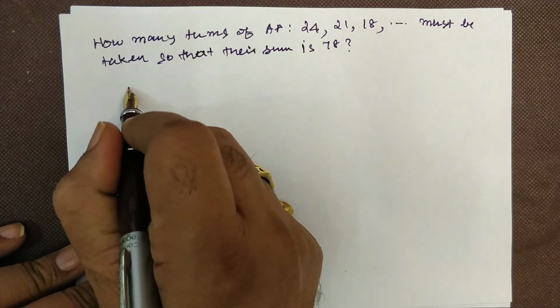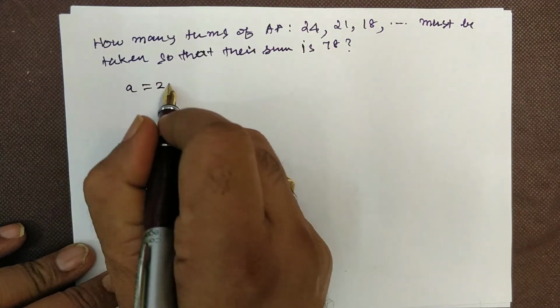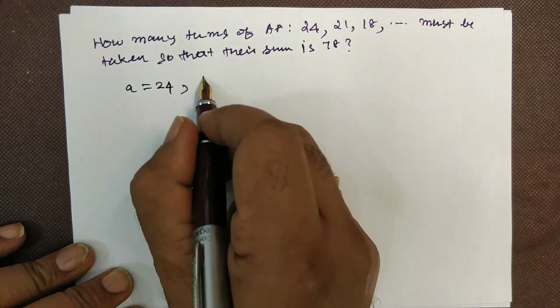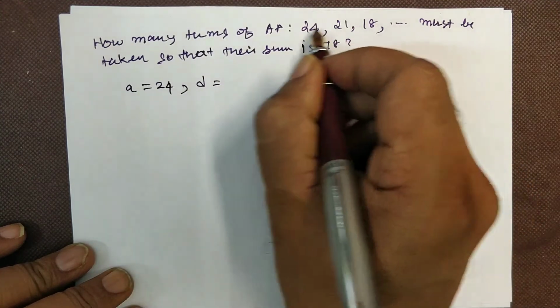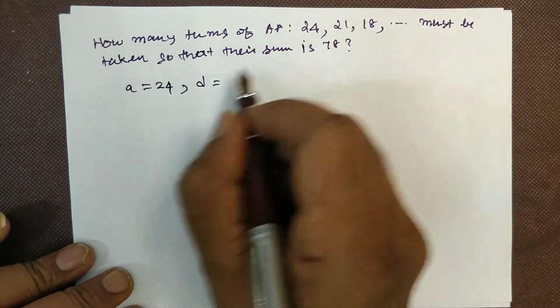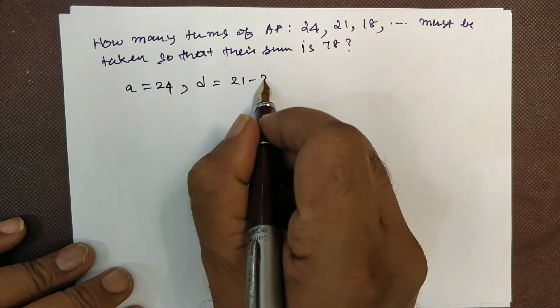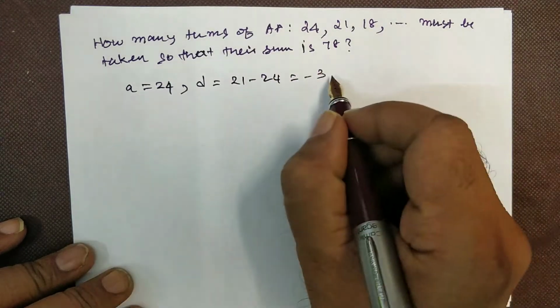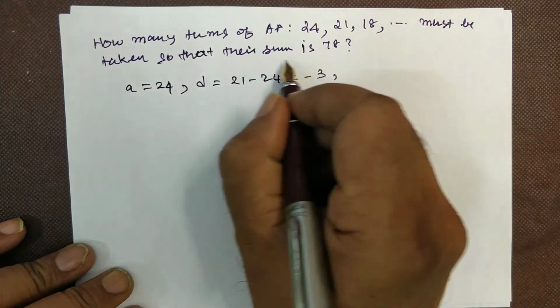That is the initial term. D, what is D? The difference between the second term and first term. So 21 minus 24, minus 3. Yes, minus 3.